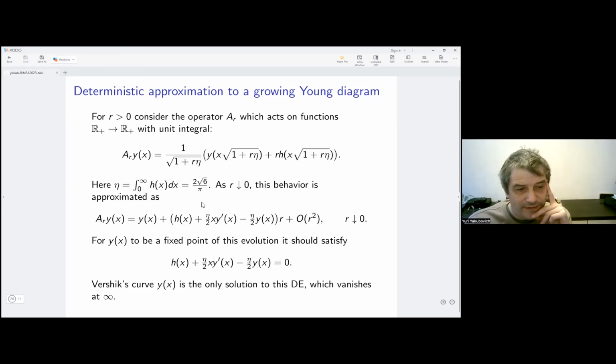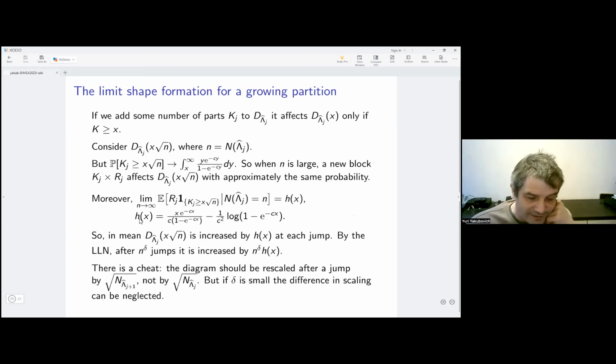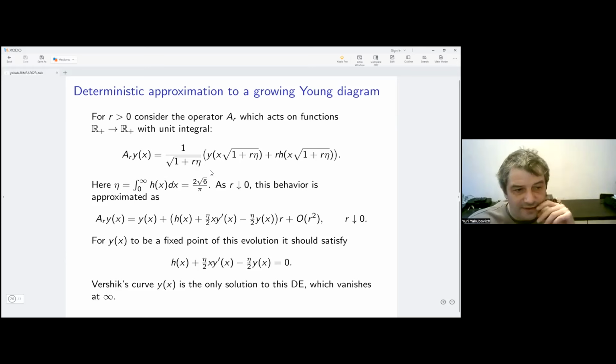So we just have to rescale, by 1 plus r eta, where eta is the area under this function h. We will use it for the h we had before, but it can be defined for h under some reasonable conditions.